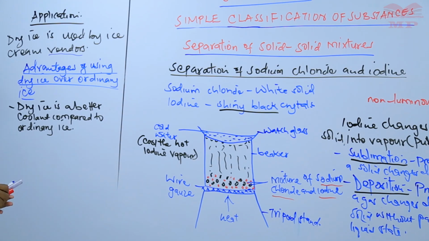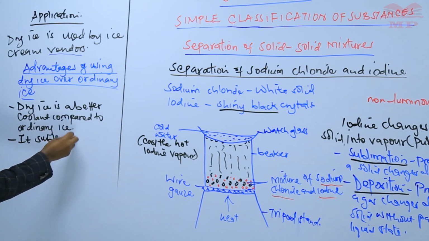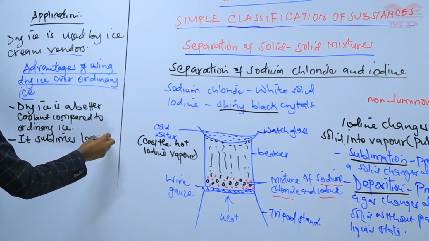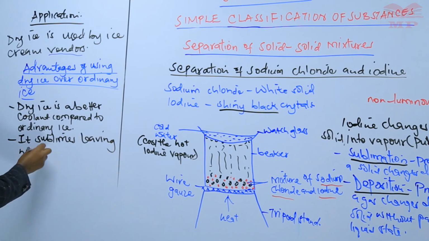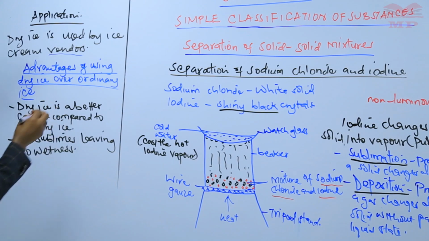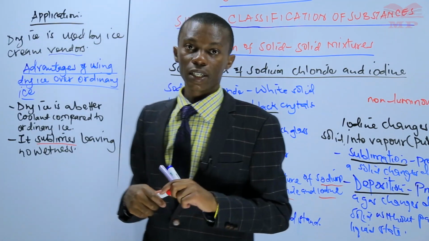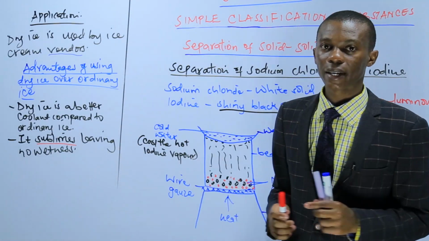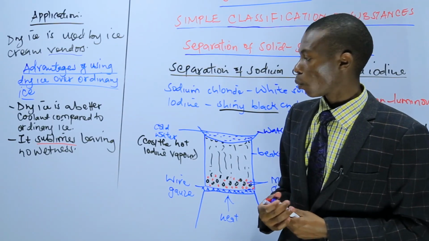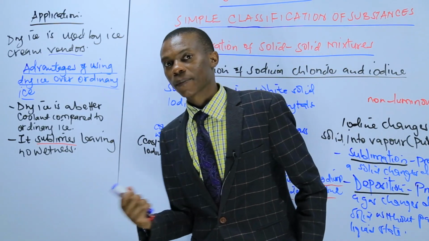So this is one of the advantages of dry ice over ordinary ice. And second, it sublimes, leaving no wetness. When you talk about subliming, this is the change from a solid to a gas directly.